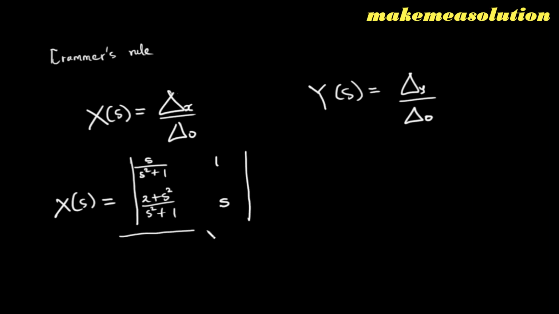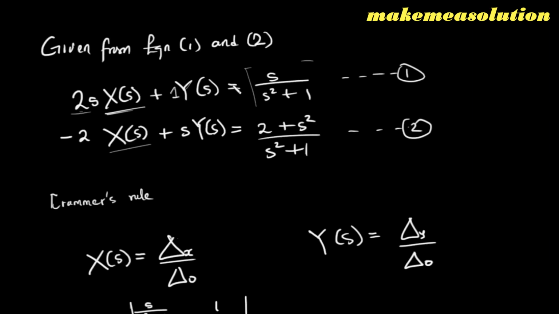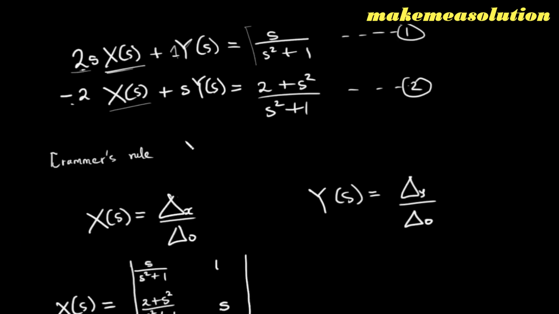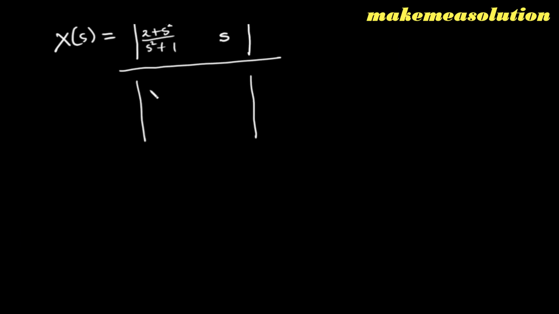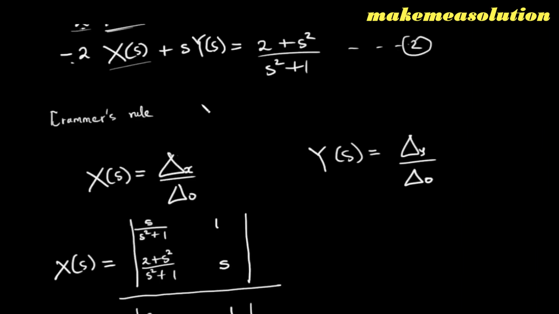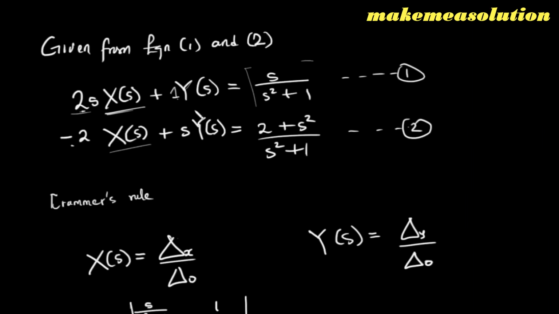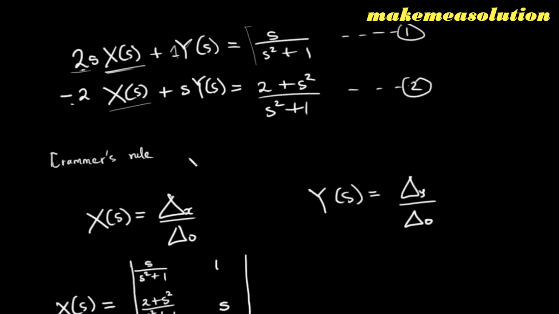Now delta naught is just the coefficients of x and y in both equations. So I have 2s, 1, minus 2, then s. Is that okay?